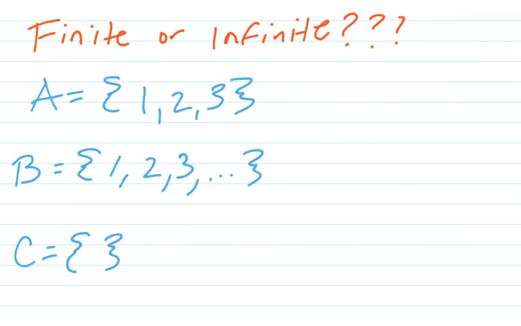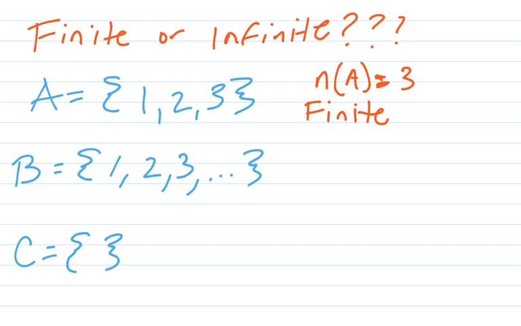So let's take a look at a couple of sets and determine, is it finite or is it infinite? So A is equal to the set containing 1, 2, and 3. It has 3 elements, which is a natural number. So since the cardinality of A is equal to 3, this is finite. Okay. B is equal to a set containing 1, 2, 3, and so on.